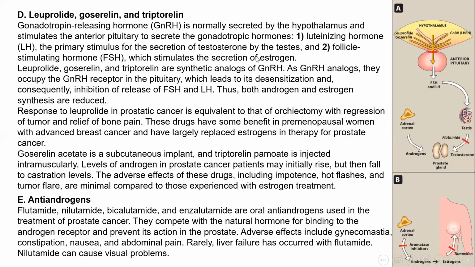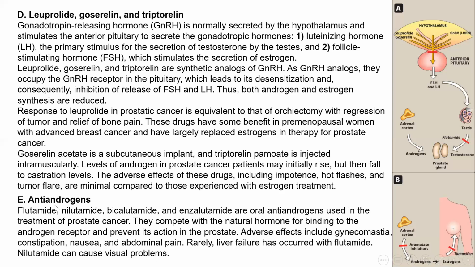It means castration, it is orchiectomy. The adverse effects related to these drugs could include impotence, hot flushes, and tumor flare, and are minimal compared to those experienced with estrogen treatment. So in efficacy they are better, and in side effect profile also, they are better than estrogen.